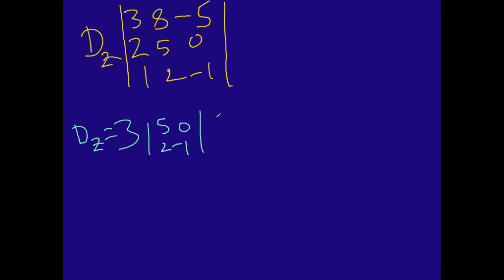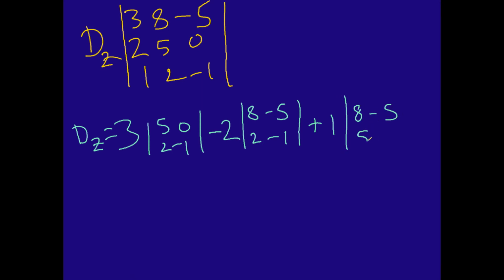And then plus, minus 2. And then so we have here 8 minus 5, and then we have 2, -1, like so. And then for the last one, of course, plus 1 again. And so then you have 8 minus 5, 5, 0, like so. And of course, we do all our cross multiplying.